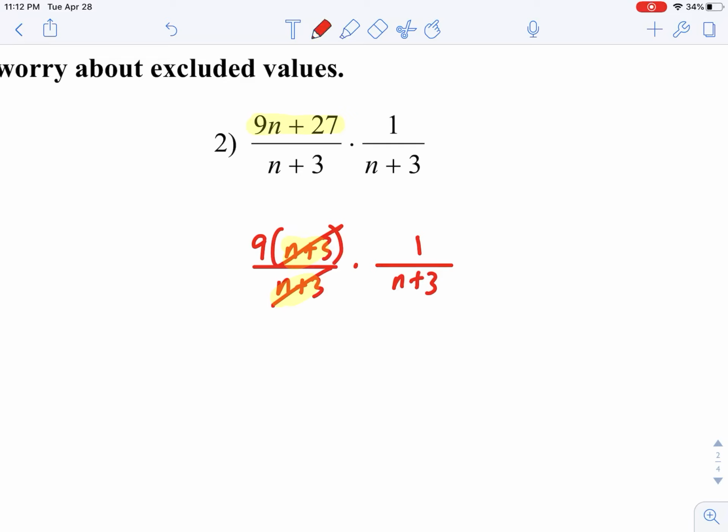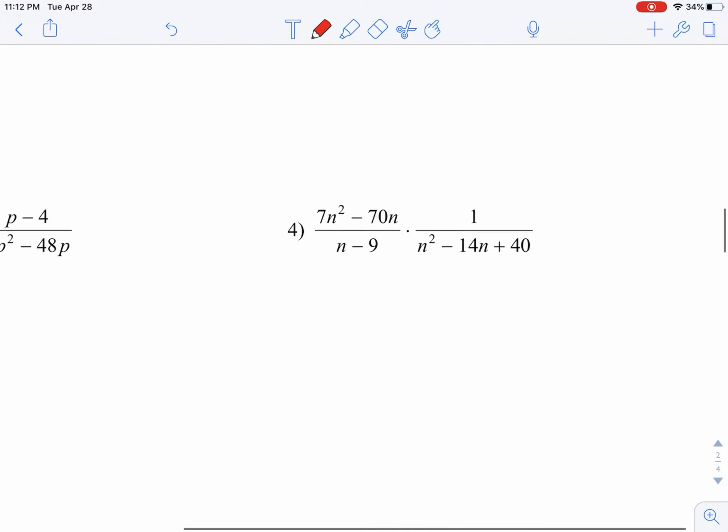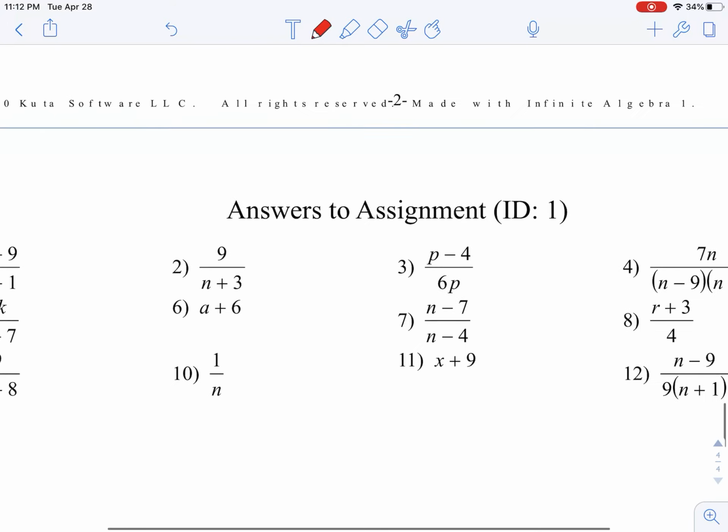Remember, or maybe you don't remember, when things cancel, they actually leave ones behind. So this says 9 times 1 times 1. Well, that just works out to be 9. And then 1 times n plus 3 is n plus 3. And that should be the answer. That should be all there is to number 2 right there.